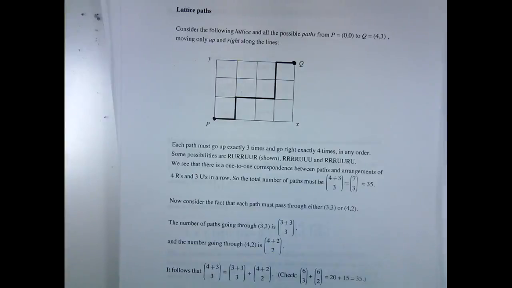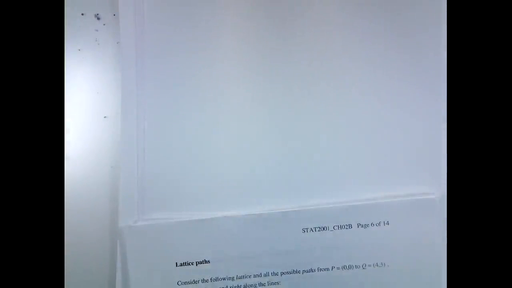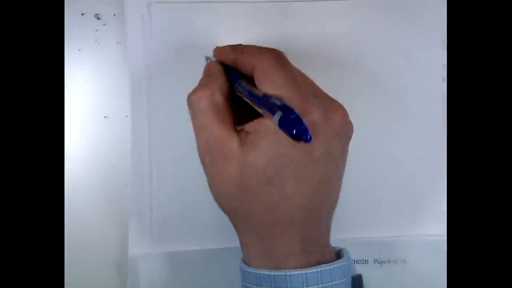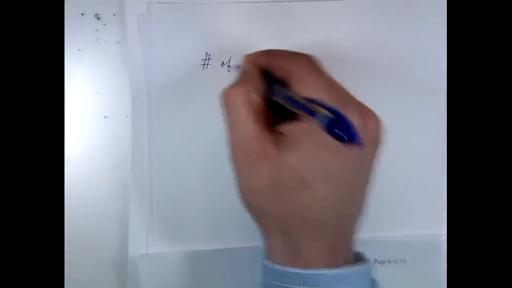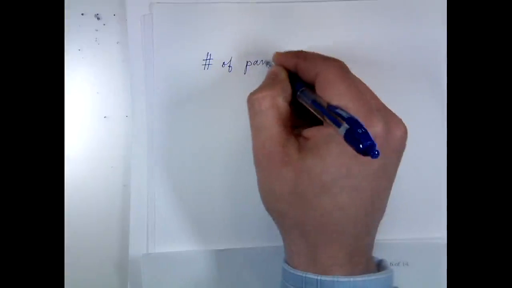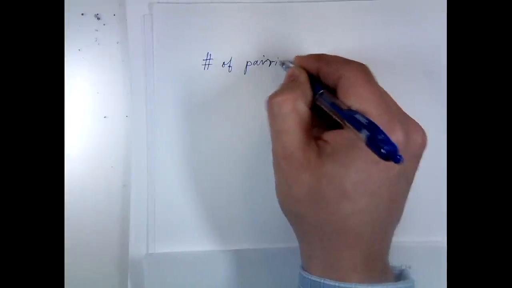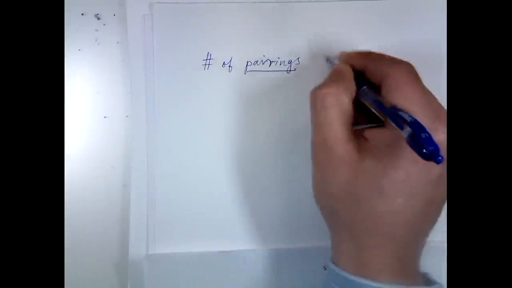So before I go on with lattice paths, I actually just want to elaborate on the number of pairings. Pairing, which means perfect matchings.